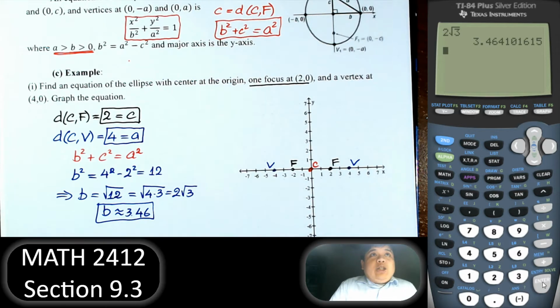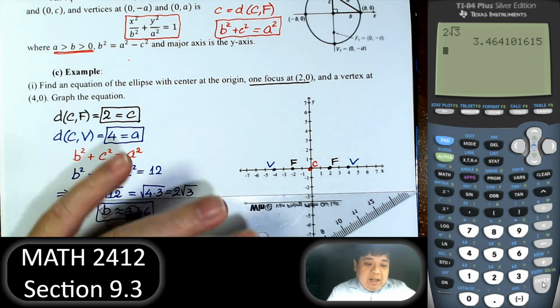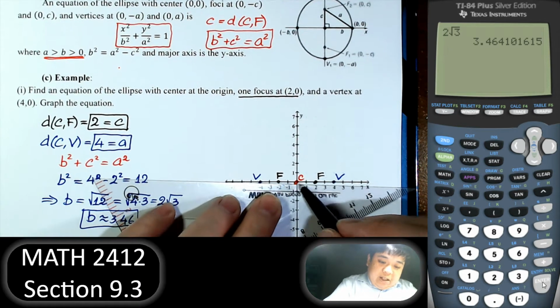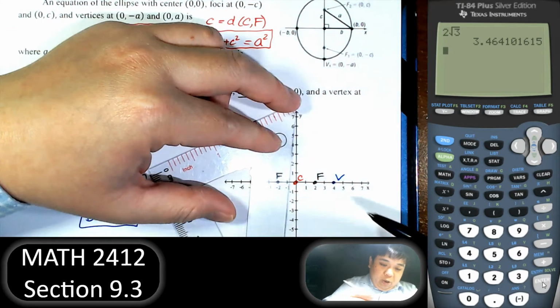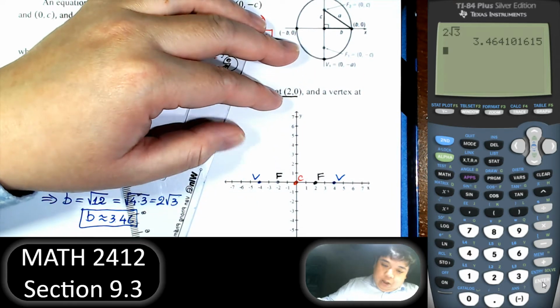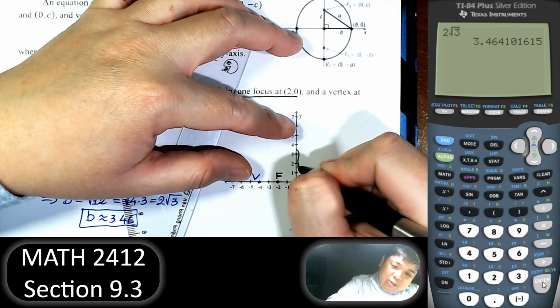Right. So for the ellipse, we just need to determine a, b, and c. And when we know the vertex and when we know the focus, that will be easy. Meaning from the center, go to the vertex, horizontal. So b is going to be vertical, 3.46. So this distance is going to be b.